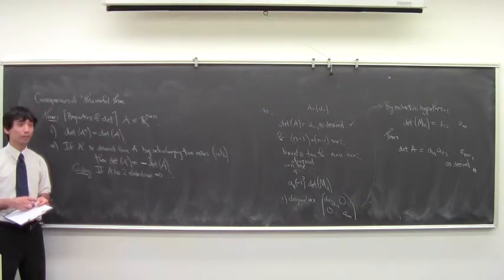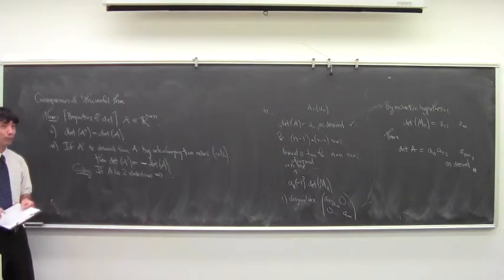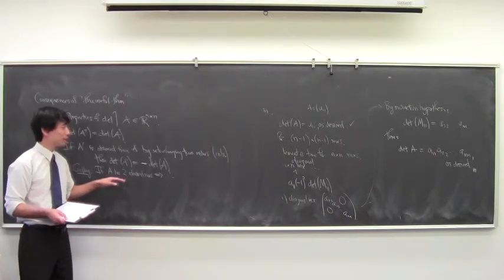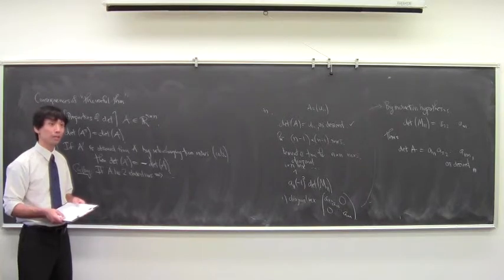Teresa? It can't be true that the determinant of A prime equals the determinant of A, because if you switch two rows, you do nothing. Yes, that's right.